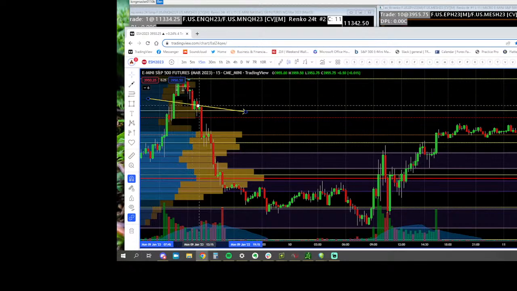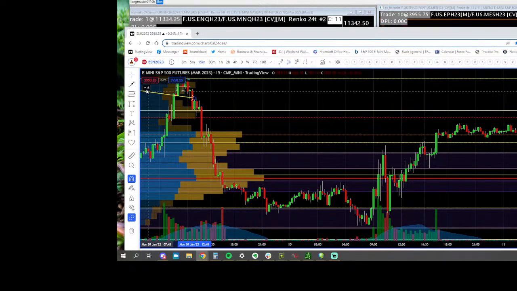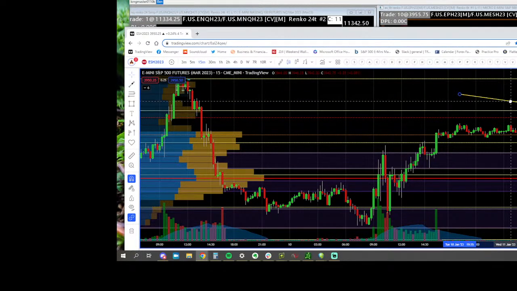But because there's a voodoo range level in between our price and the magnet, the likelihood that we spike to the magnet is unlikely until we get a close over this.